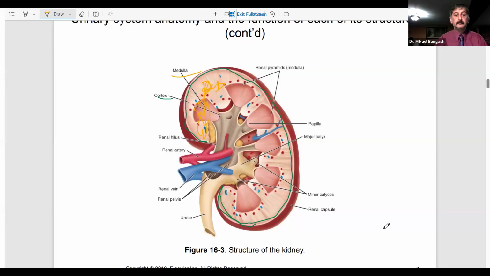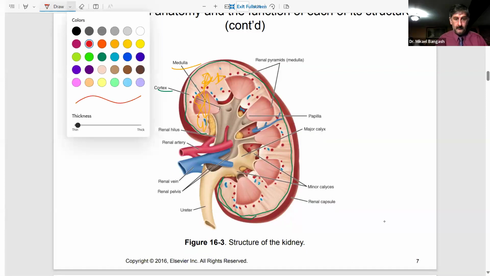Did you guys get that? If we look at our kidney here, you guys can see this? So what do we have?